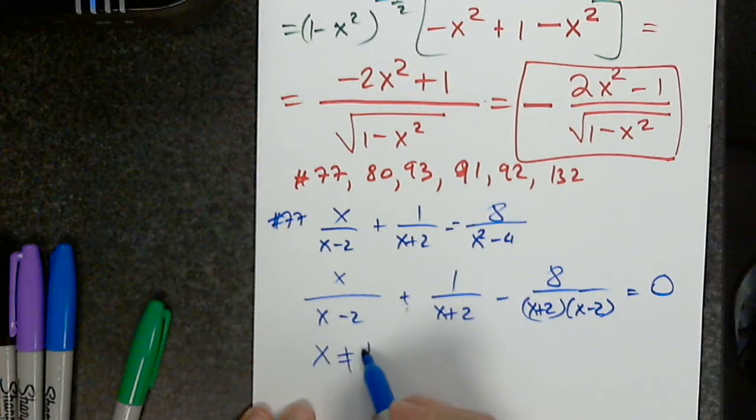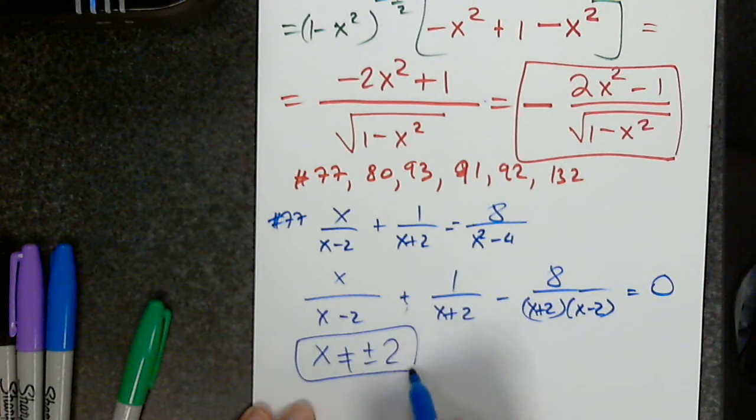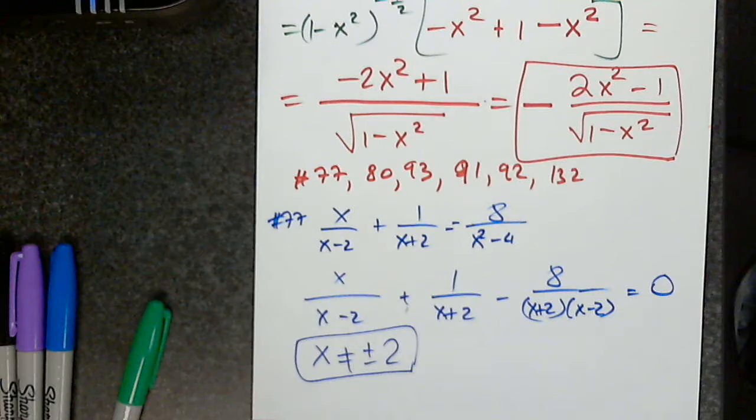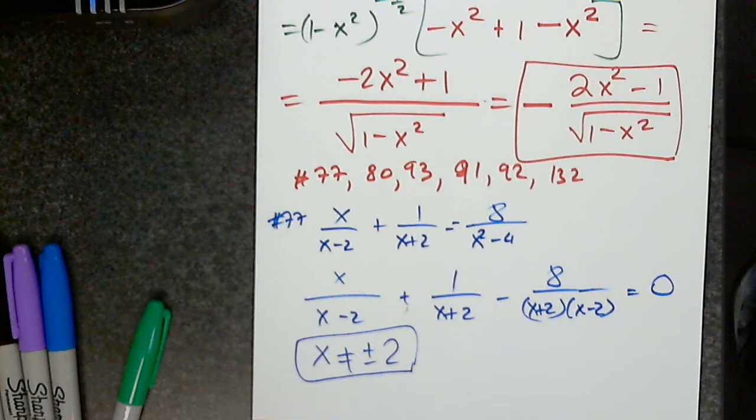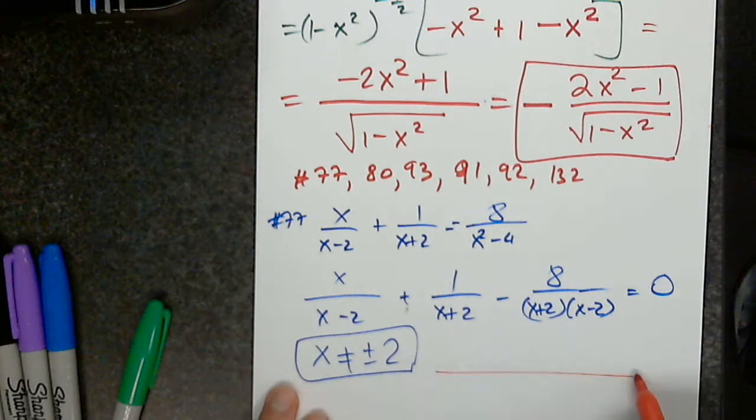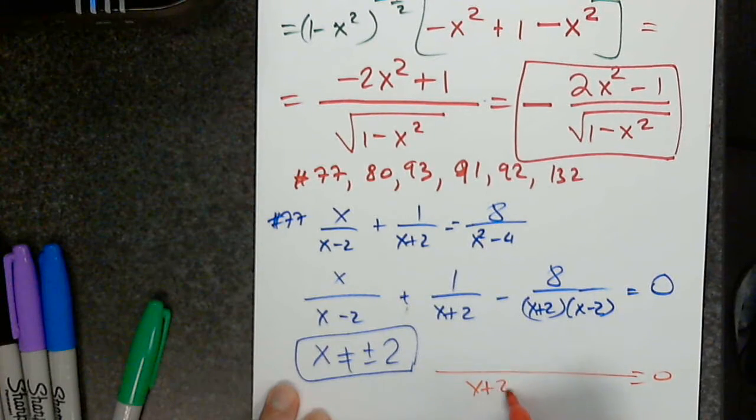I will state 2 restrictions to make sure that I don't forget, because I may not go back and check, but if I write the restrictions, I will most probably remember that 2 and negative 2 cannot be the solutions. And then I will find the least common denominator to be (x plus 2)(x minus 2).